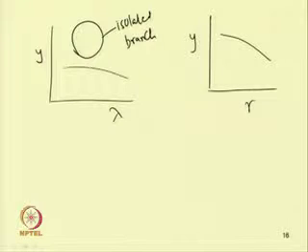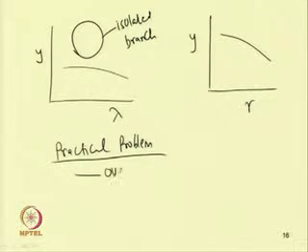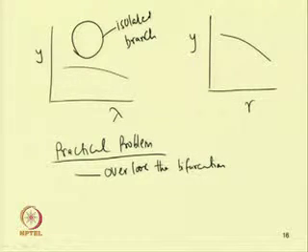The practical problem one can observe while plotting this type of curves is that one may overlook the bifurcation point. This bifurcation point may be overlooked.